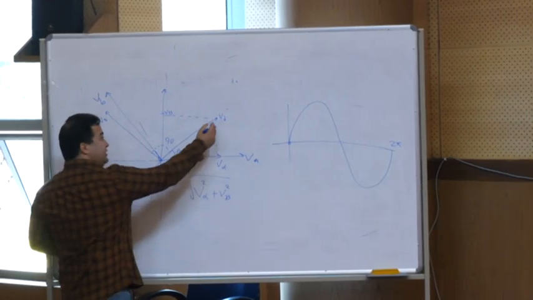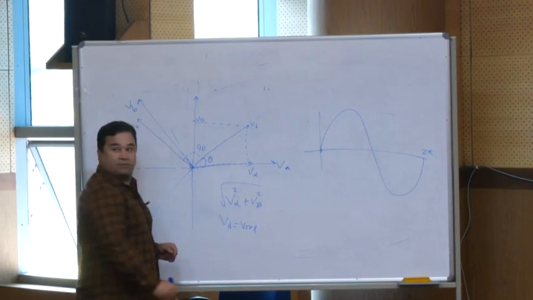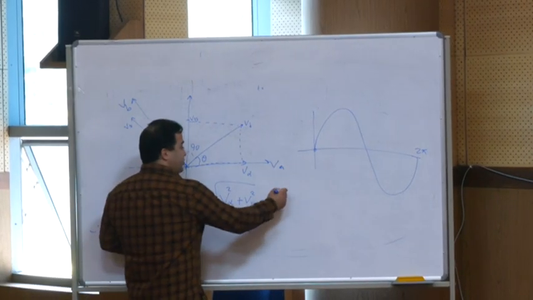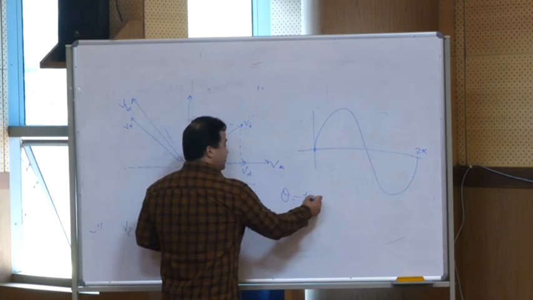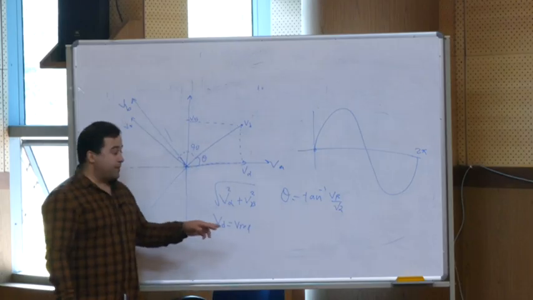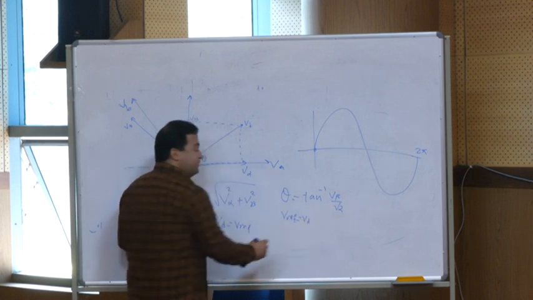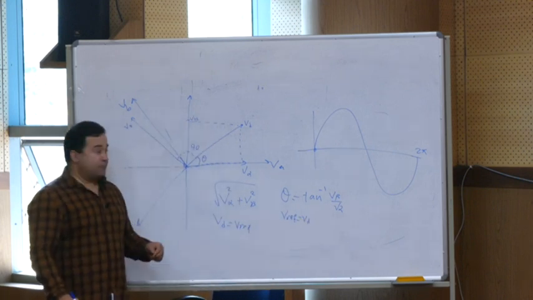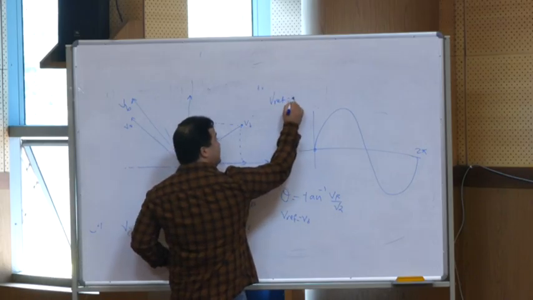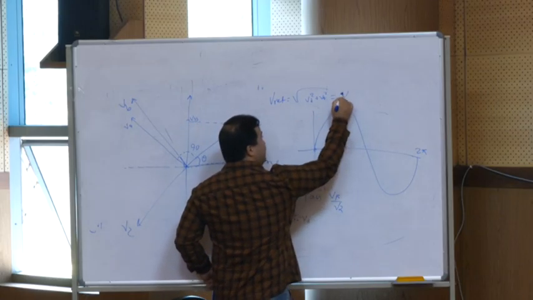So it means that VD is equal to V reference. If we consider theta equal to the inverse tangent of V beta over V alpha, then V reference will be equal to VD. So here we mention also V reference, the square root of VD squared plus VQ squared, is equal to VD.